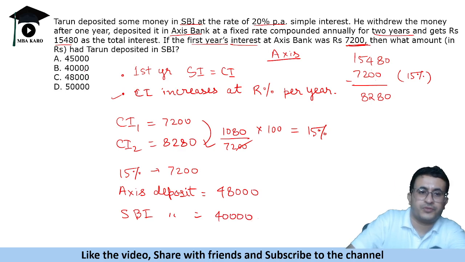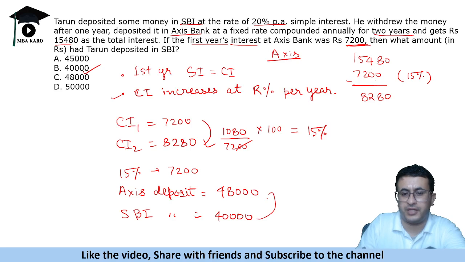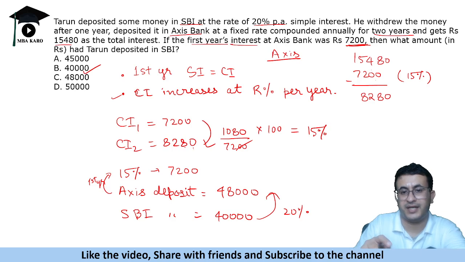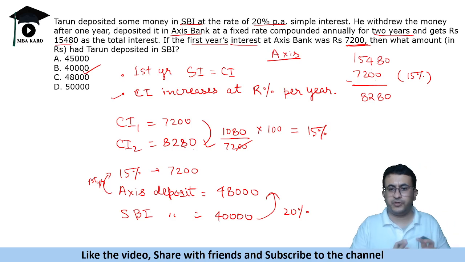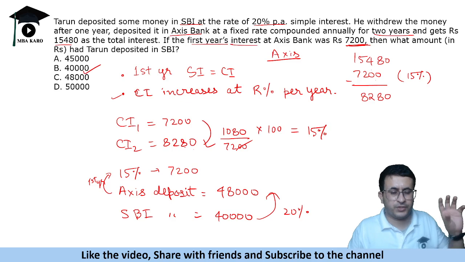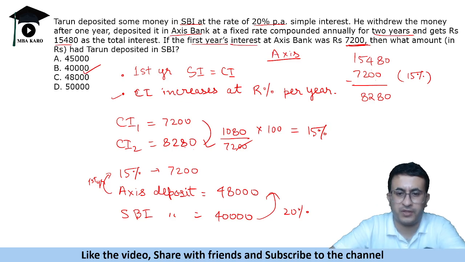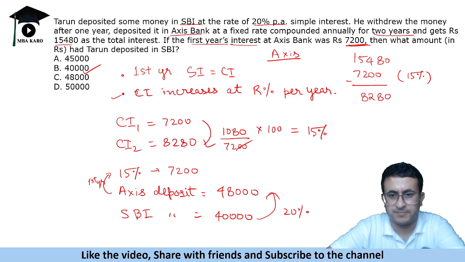Okay. So 40,000 यहाँ deposit किया, 20% grow हो गया, ठीक है, so it became 48,000. Now Axis में 48,000 deposit किया, first year में 15% आया, first year at Axis he got 7,200, second year Axis में he got this interest and this is what he got. So if you know the conceptual concept behind simple and compound interest and know these things, you could solve this question with ease.